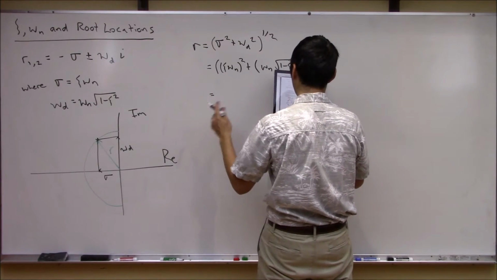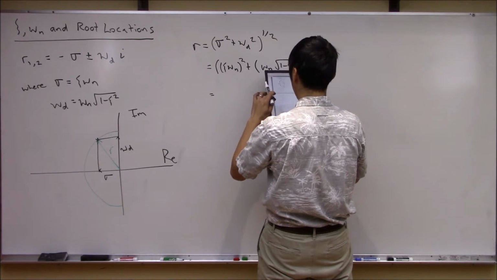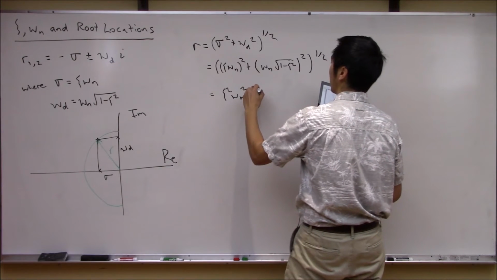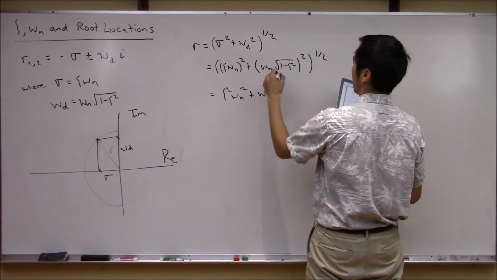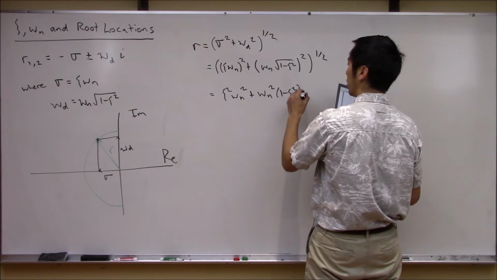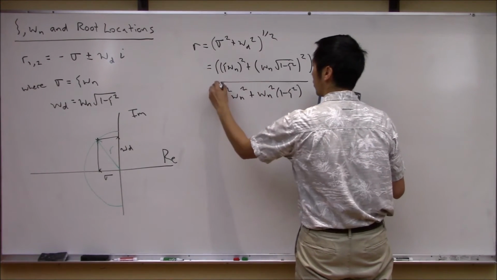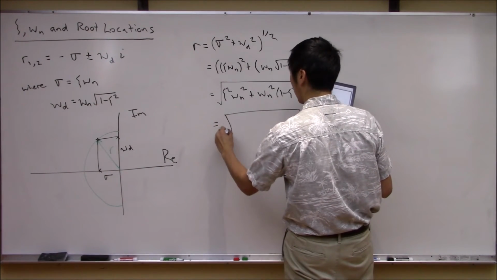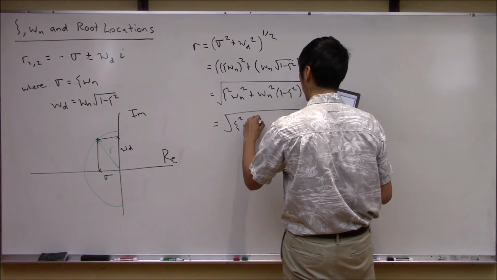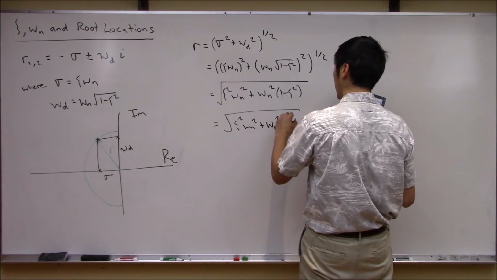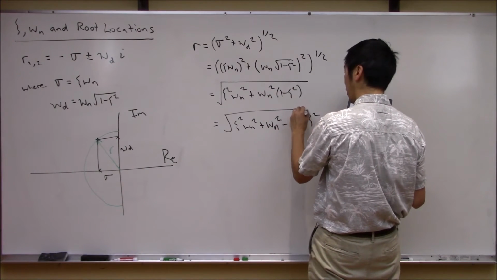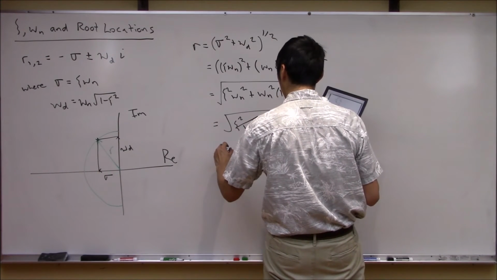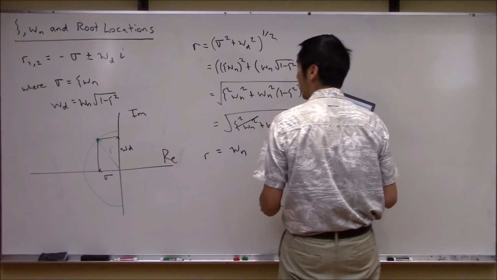Working this out: zeta squared omega n squared plus omega n squared times 1 minus zeta squared, which is zeta squared omega n squared plus omega n squared minus omega n squared zeta squared. This cancels with this, and we end up with something pretty beautiful, omega n. So the radius is just omega n.